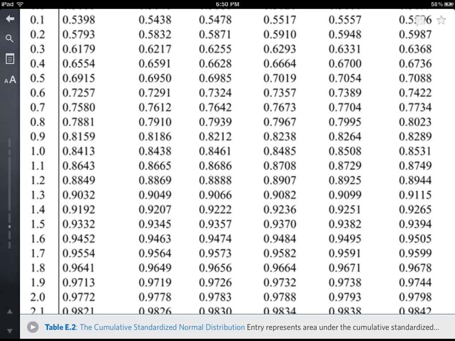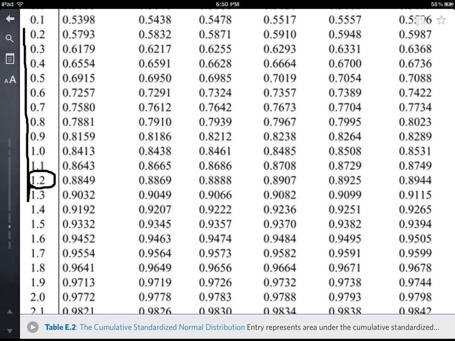So I'm going to pull up a screenshot of our table. And again, we're going to come down the left until we get to 1.2.